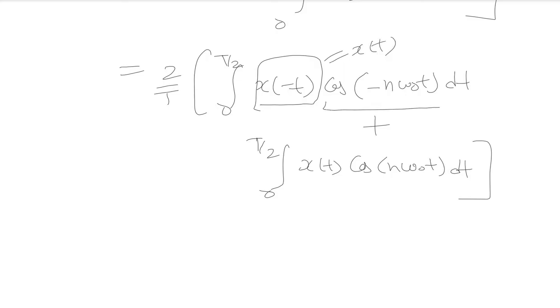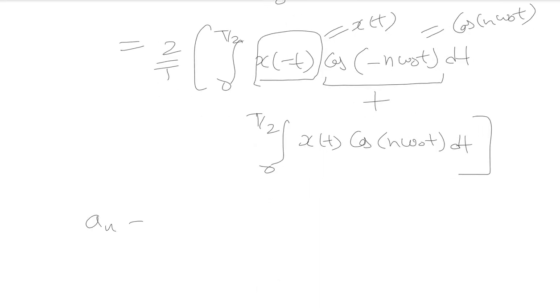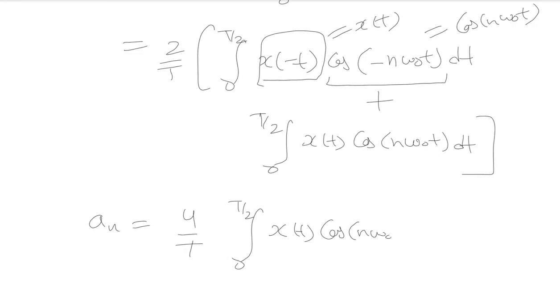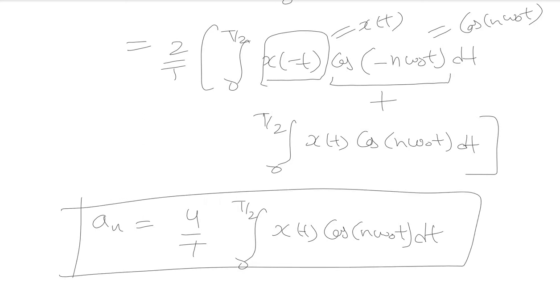Similarly, cos of minus n omega naught t is equivalent to cos n omega naught t because the cosine function is also an even function. So an gets reduced to 4 by T integration 0 to T by 2 xt cos n omega naught t dt. So this is the an for even xt.